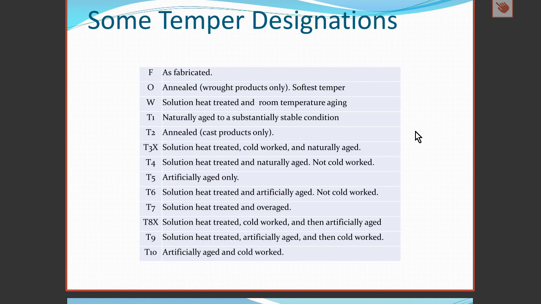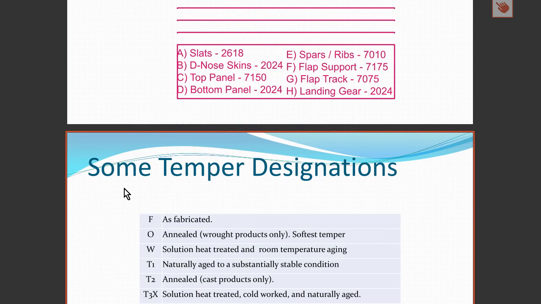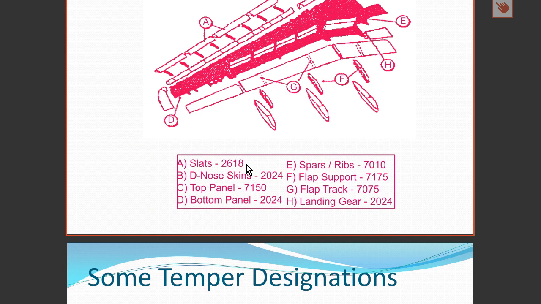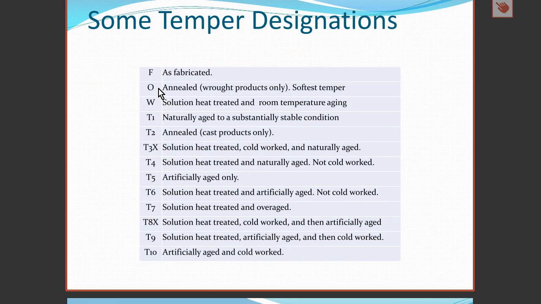We talked about heat treating of materials, and when aluminum is supplied, it may already be tempered, and so it may have a temper designation as well as a designation that indicates the composition. So here are some common temper designations: F as fabricated, O annealed.